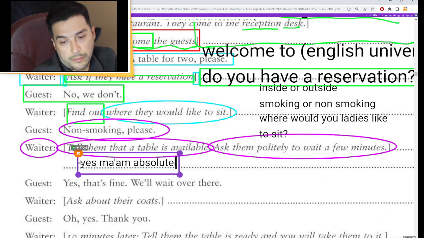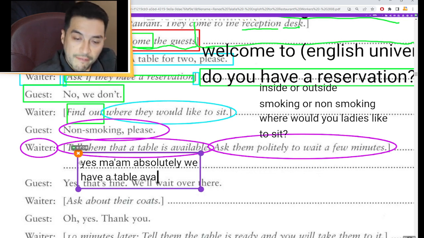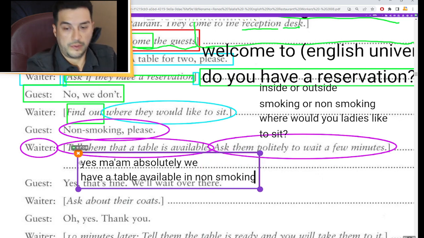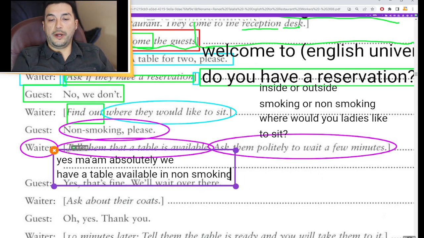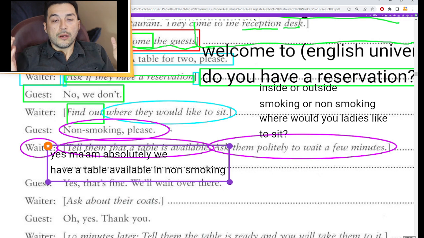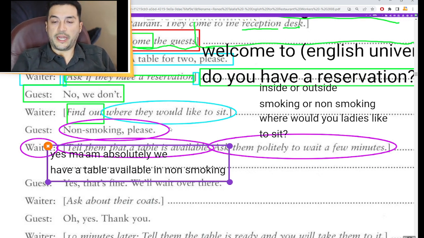Absolutely. We have a table available in non-smoking.